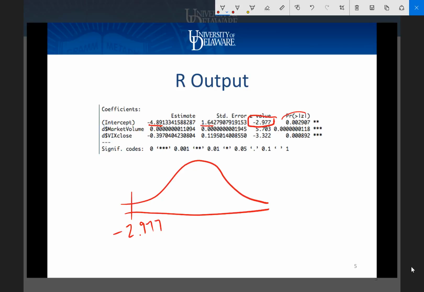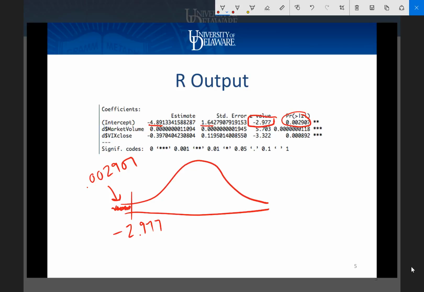And this value here is the probability of having something in this distribution that is as extreme or more extreme than what we found. So this is 0.002907. That's the area of the shaded region in the graph.